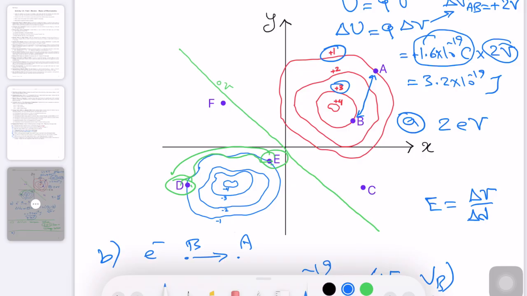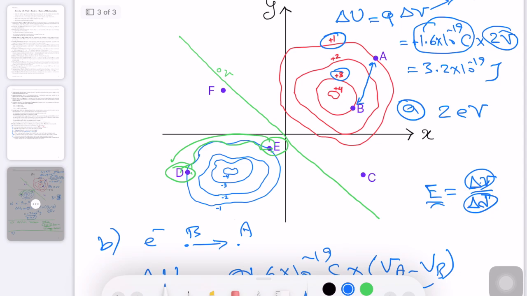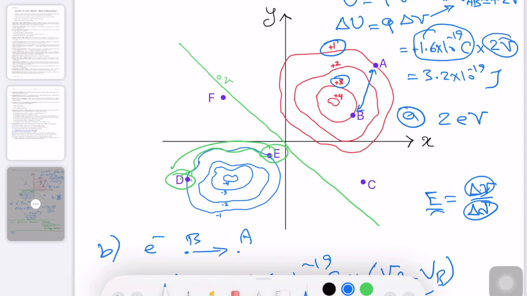Meaning, if you have a lot of change in voltage in a small distance, that indicates a very high electric field. And if you have a small voltage change in a large distance, that indicates a very low electric field. So pause the video and guess which point on this diagram should have the least amount of electric field.